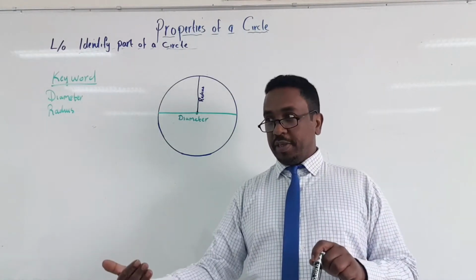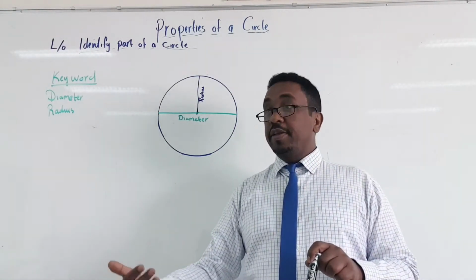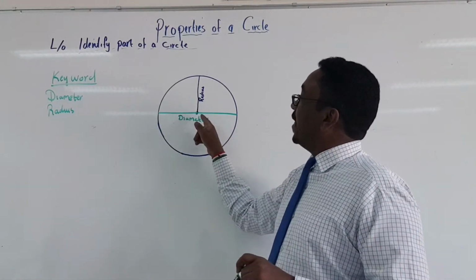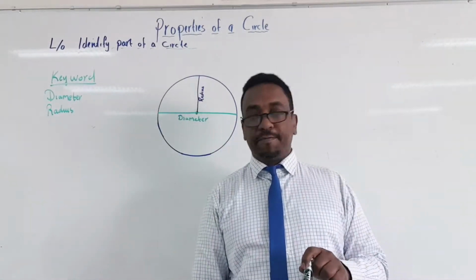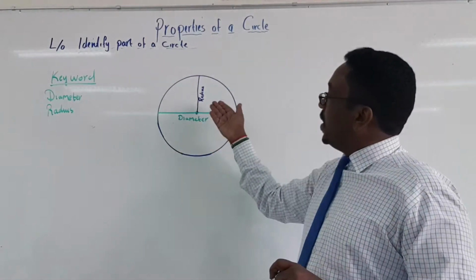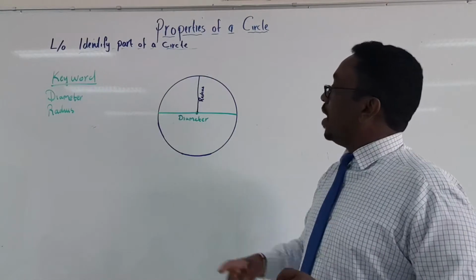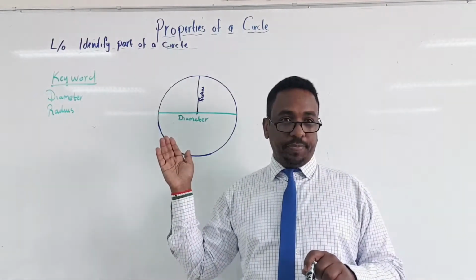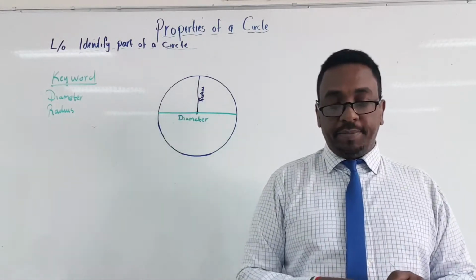Remember, it's half of it, right? 5. Yes, well done. So if the diameter is 10, the radius will be half. Does that make sense? Yes? Great. So we now know the diameter and we know the radius. Is that clear, girls?